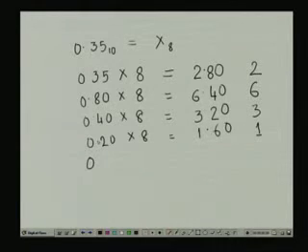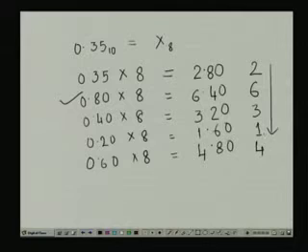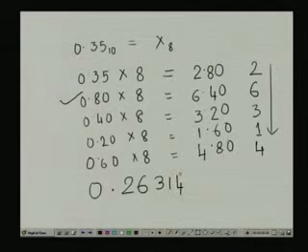Again, if I take 0.60 and continue, see that 0.80 has come back again. So, that means from here it will be a repetition. Now if I take in the same direction, it will be 0.26314, and again 6314 should be repeated.